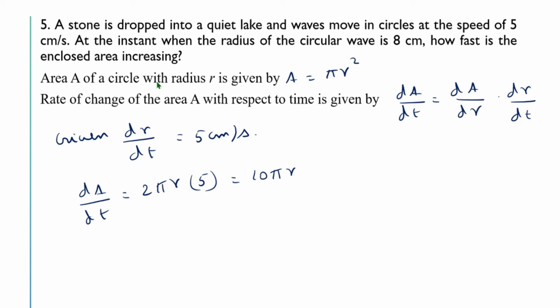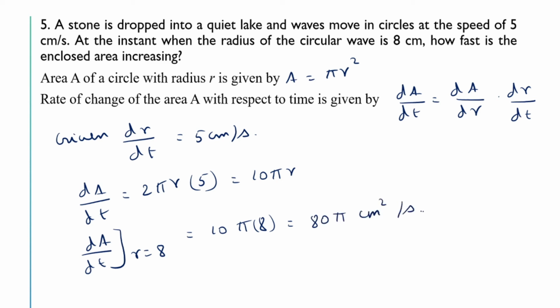They have asked at the instant when the radius of the circular wave is 8 centimeter, how fast is the enclosed area increasing, or they are asking dA/dt at r equal to 8. So it is equal to 10π into 8, or it is equal to 80π centimeter square per second.